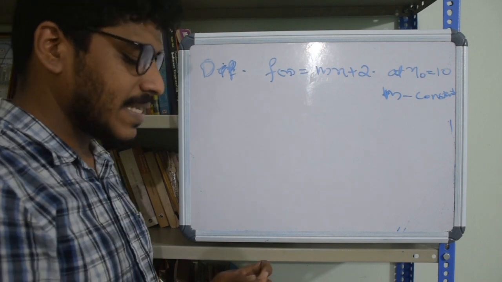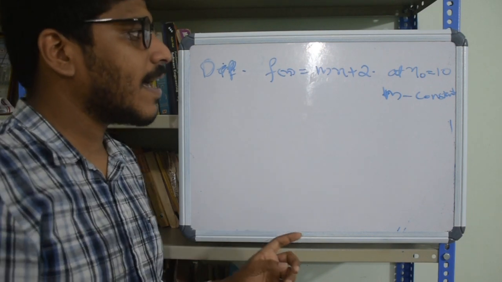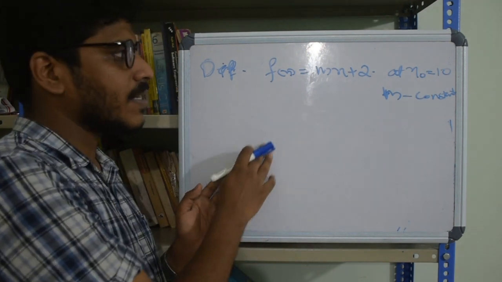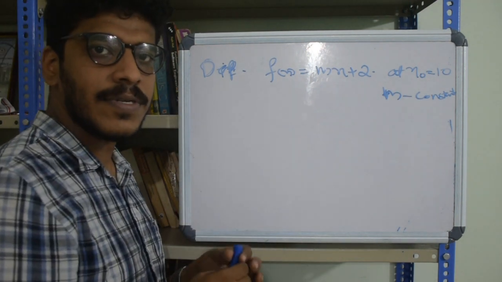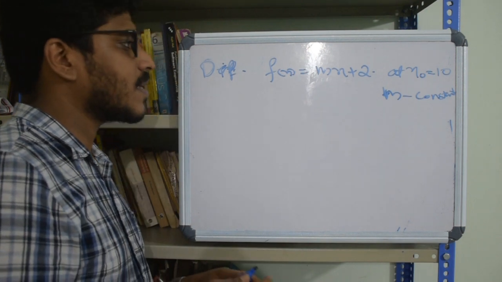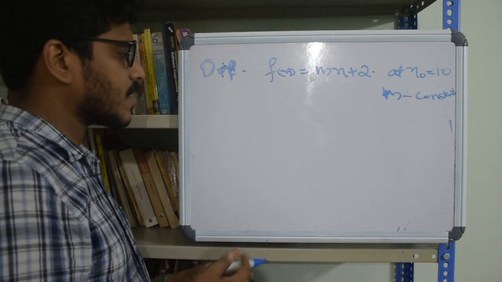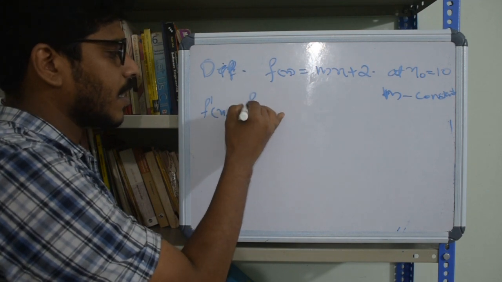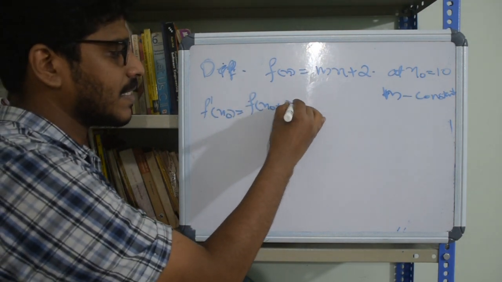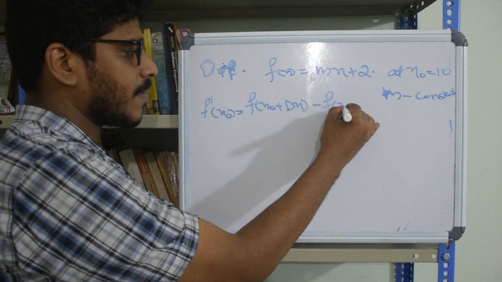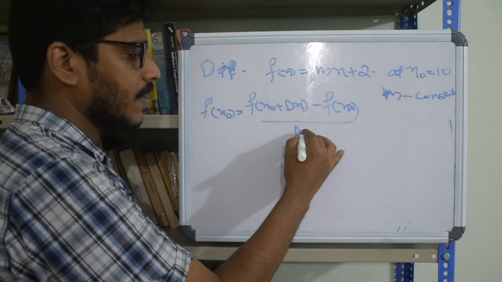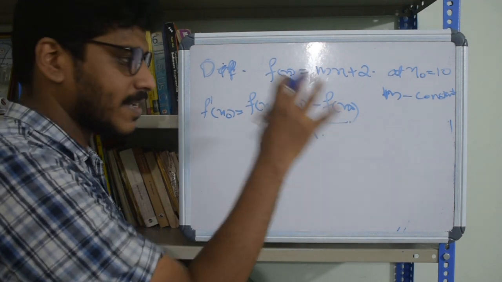So suppose m is any constant, find the value of the derivative of this function f of x equal to mx plus 2 at x naught equal to 10. Right. So let's recall the formula to find the derivative. F dash of x naught equal to f of x naught plus delta x minus f of x naught divided by delta x for very small delta x.